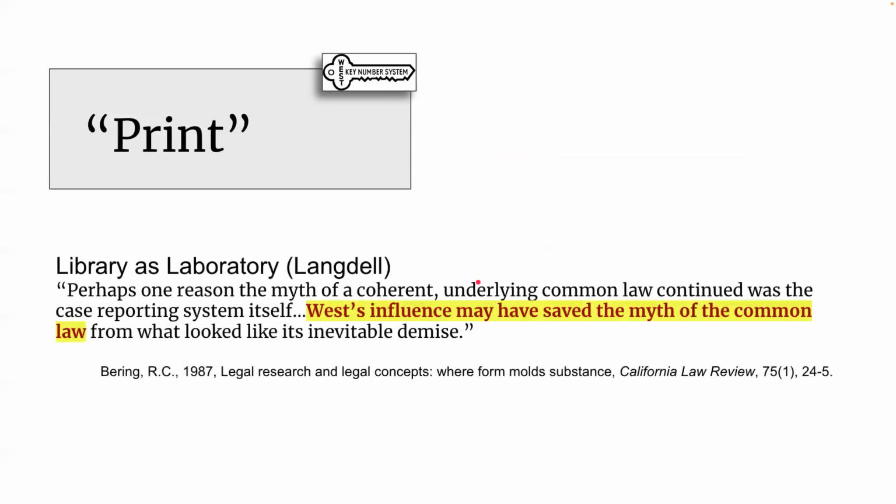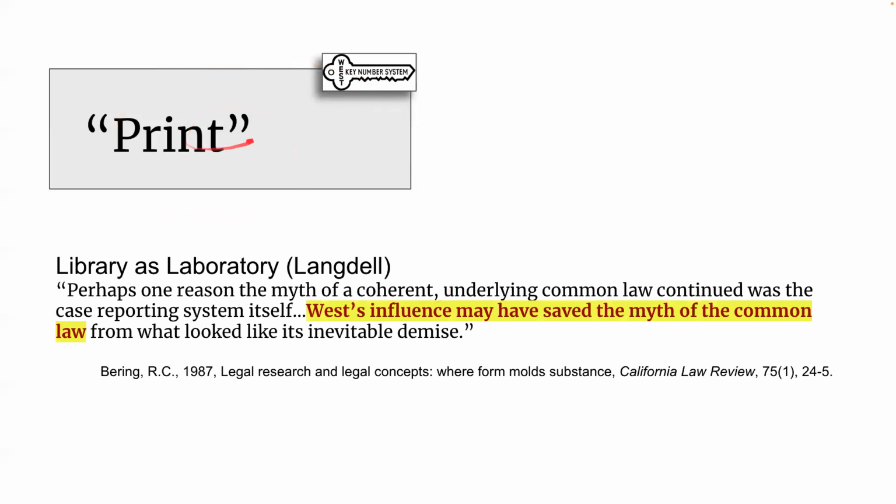And the fact that that was able to happen, this author argues that West's influence may have saved the myth, what he calls the myth of the common law, from what looked like its inevitable demise. So even though we're adding more and more materials, the evolving key number system still treats the law as a classifiable phenomenon, reinforcing this idea that the law really is a science.